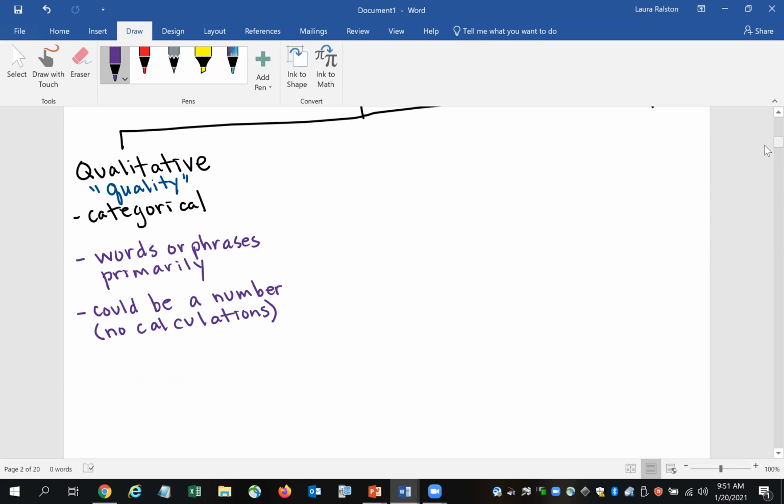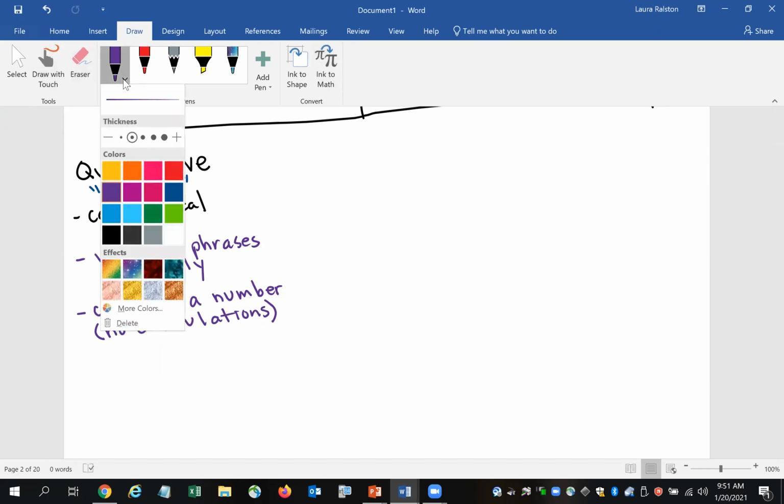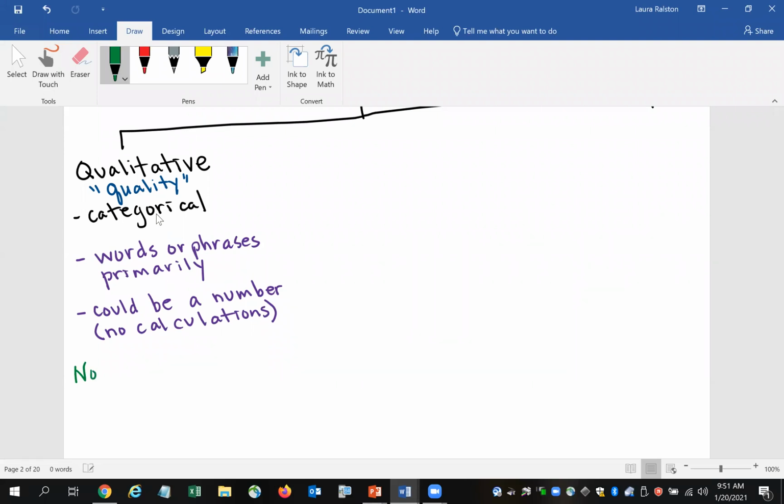So it could be a number, but it's a number that's being used as a label or as a tracking mechanism, and it's not something we would normally calculate with. So typically with qualitative data, because it is words or phrases, we're not going to perform calculations. You can't really do math calculations here.